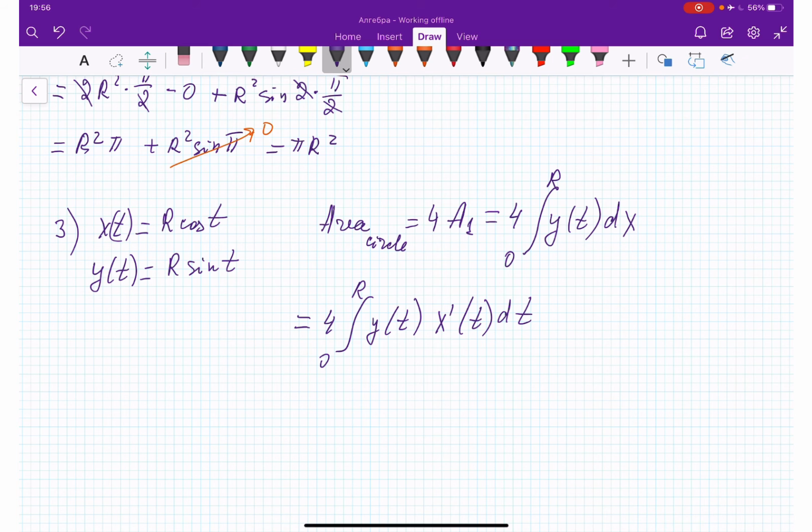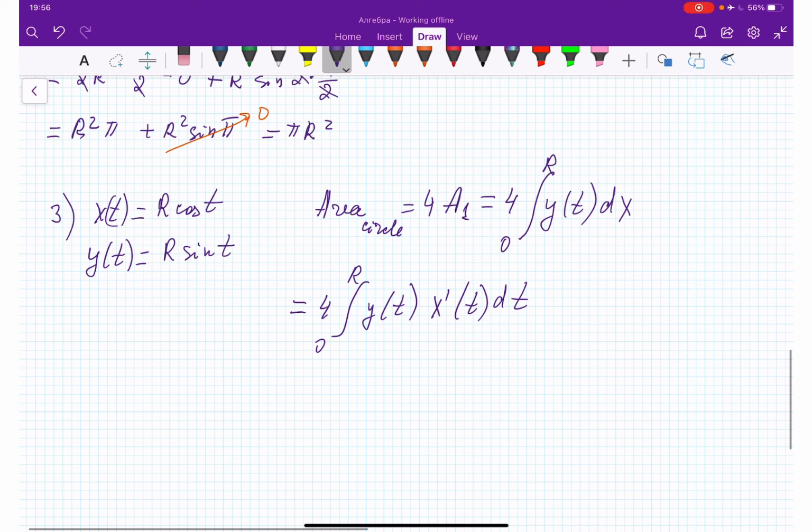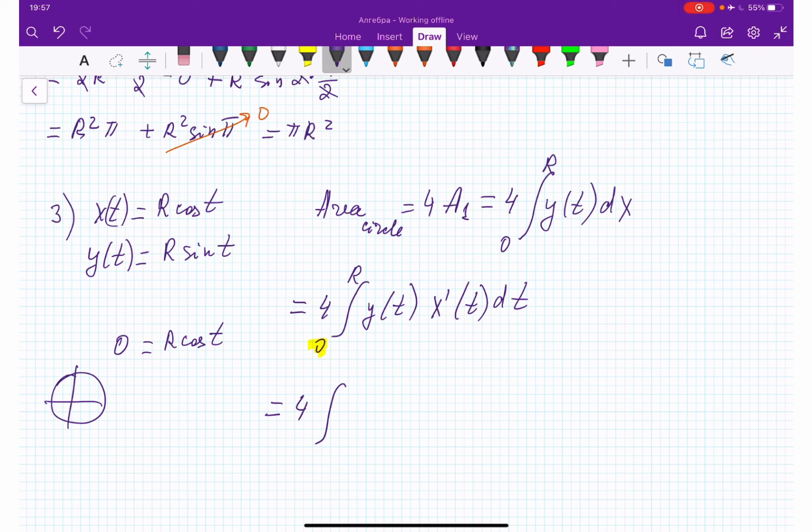What we are going to have from here is 4 times, and we plug in the limits. When x equals 0, we get 0 equals r cosine t, and in what case is cosine t equal to 0?